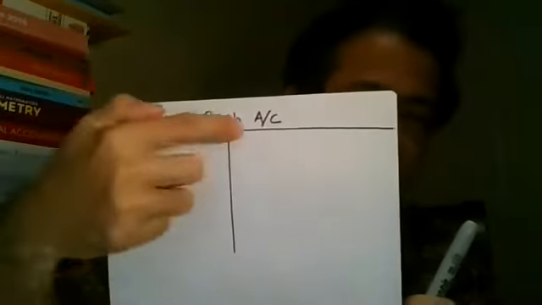So I need a cash account, which is a simple T account. I need another account called capital. My second account is my capital account.